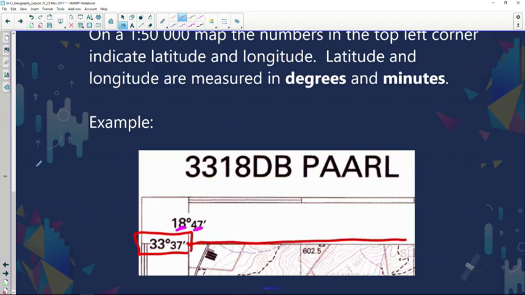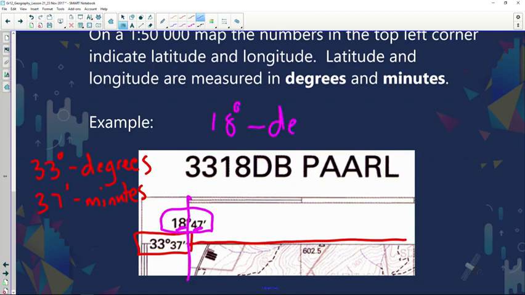As you can see, the 33 is degrees, 37 is minutes. And if you look at the lines of longitude, it's the vertical line. 18 is the degrees, and there you can see the minutes is 47 minutes.